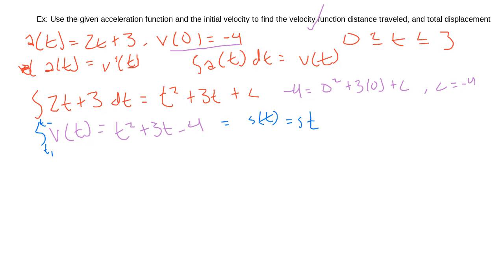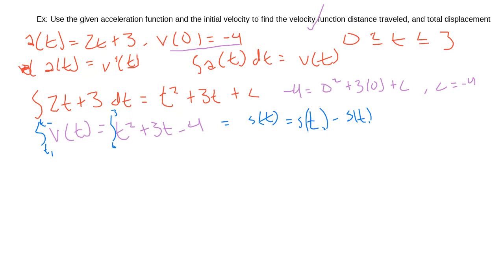So s of t2 minus s of t1, and that's going to get us our displacement if we just plug in our bounds as is. So let's go ahead and integrate our function. So we have from 0 to 3.